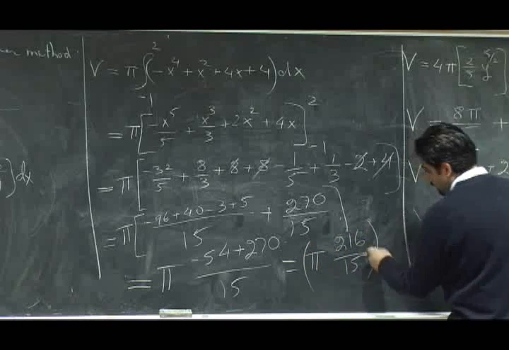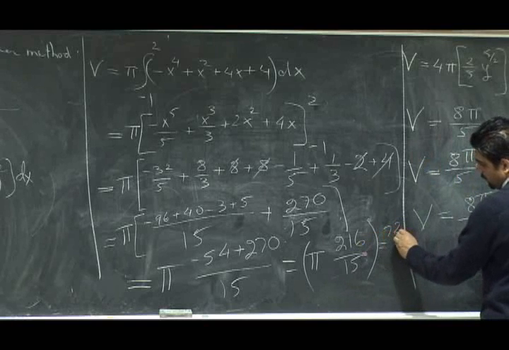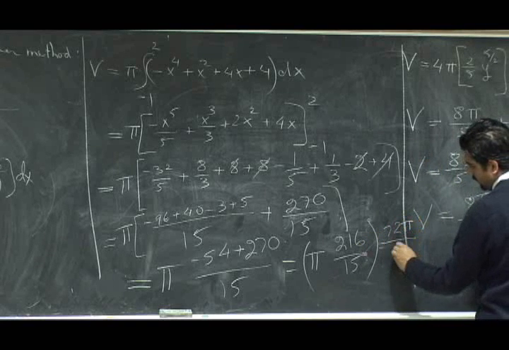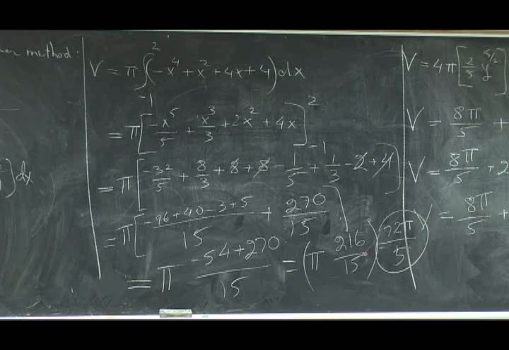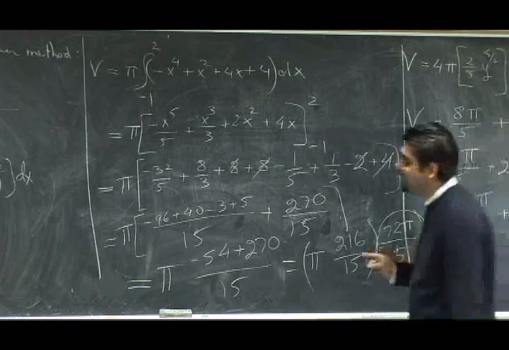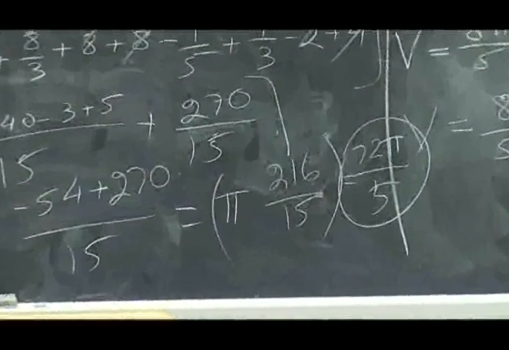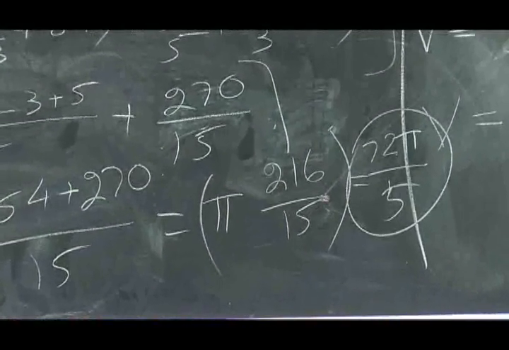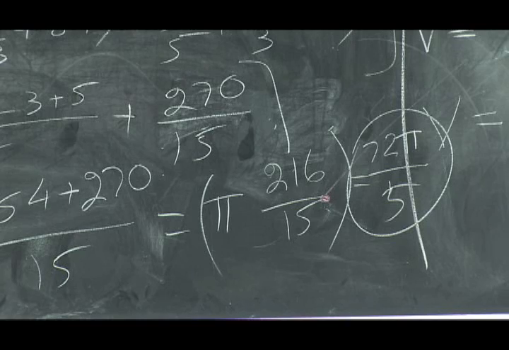And you can divide both by 3. This by 3 is 72 pi over 5. Look, okay, great. That was close. Okie dokie. So this is actually easier, right? For this problem.